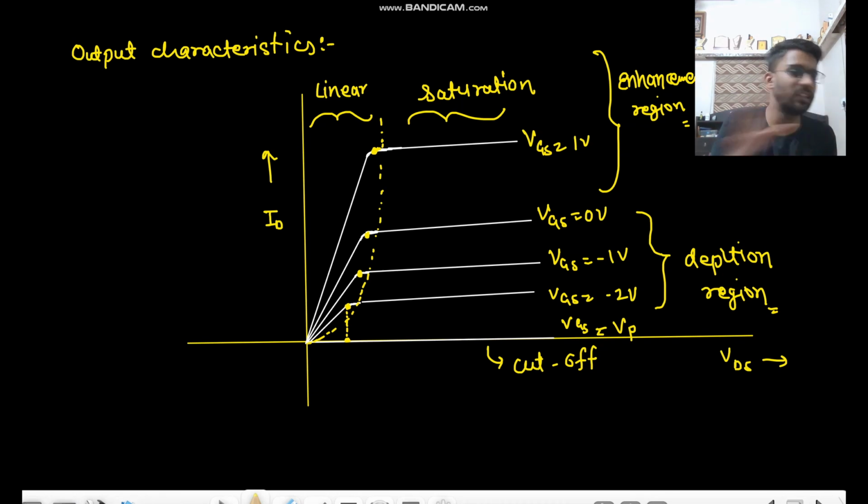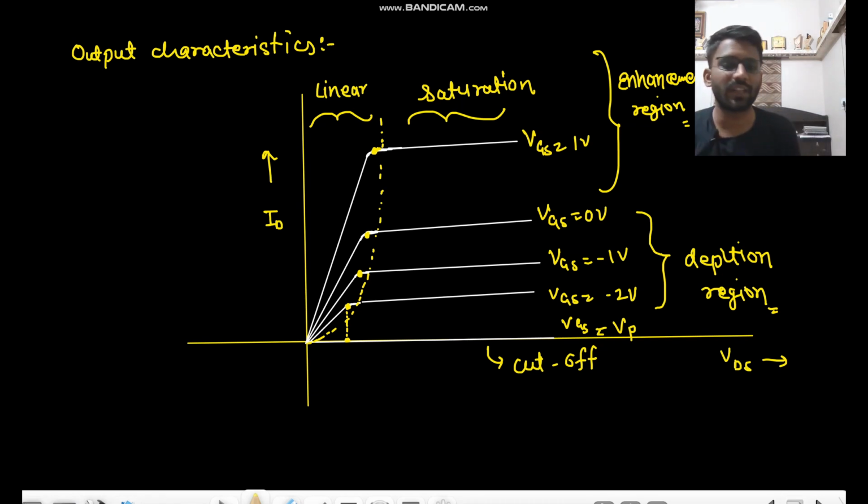We haven't studied the enhancement MOSFET yet. That is the most important part that I know, but from the depletion type of MOSFET, they can also ask questions. If you know the depletion one, you will know the enhancement one in a second. It won't take any time. Now you have studied the N-channel depletion type MOSFET, so you can analyze any kind of MOSFET.